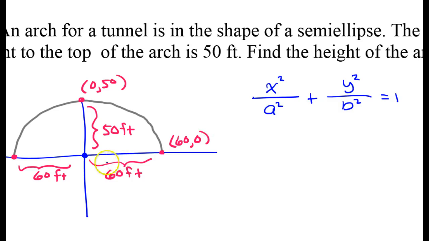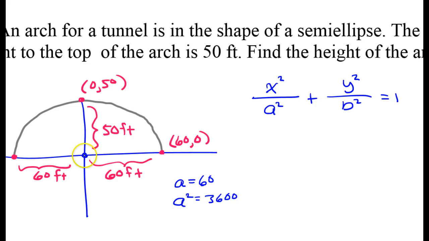So the a value is the distance from the center to a vertex. So I know that a is 60. Therefore, a squared is going to be 3,600.